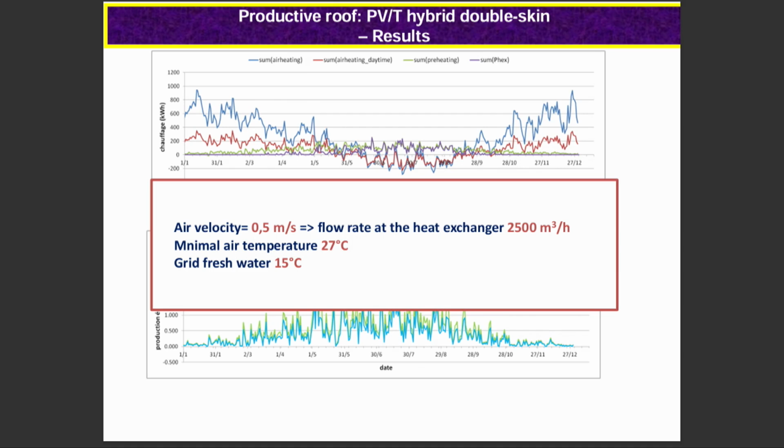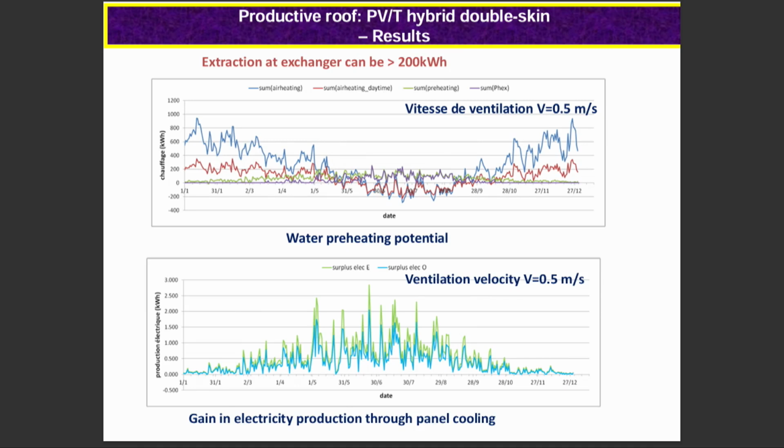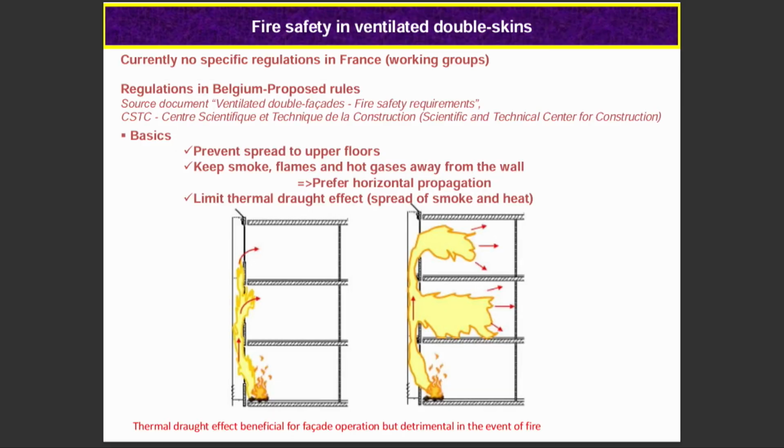When it was not a good day, because the grid fresh water is at 15 degrees, on the more pessimistic day we could only heat the water to 27. But on the optimistic day, we could reach 60 degrees. Okay, so we made different parametric studies on this.